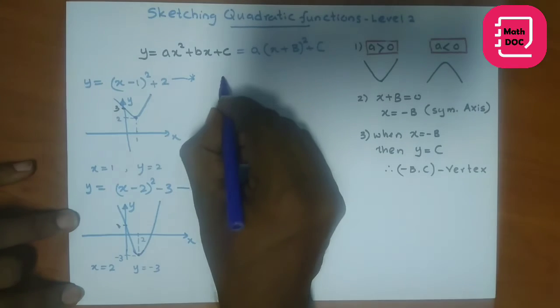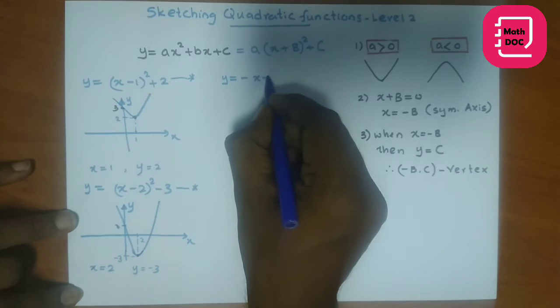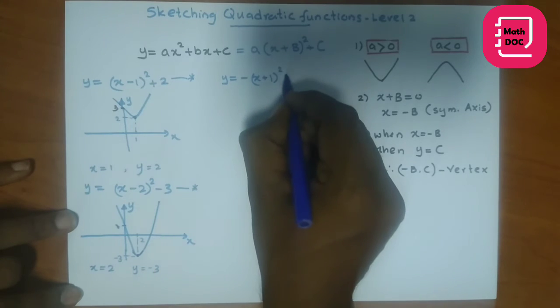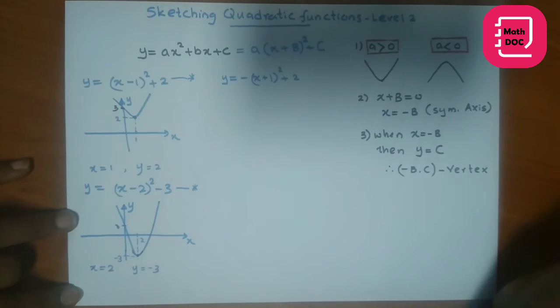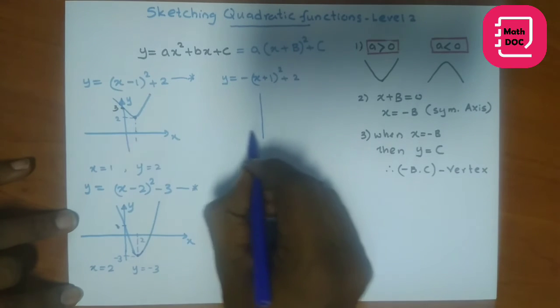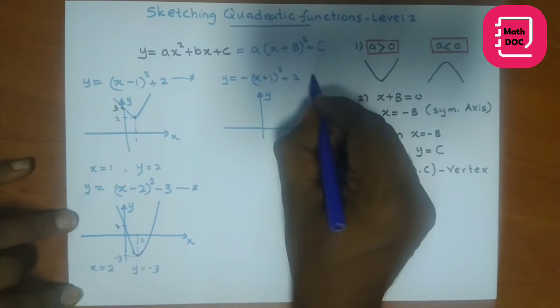Then let's do another example. y equal minus (x plus 1) squared plus 2. Let's start. Here x-axis, y-axis.